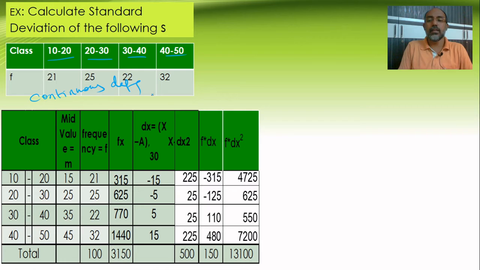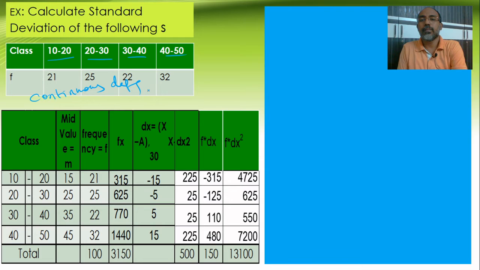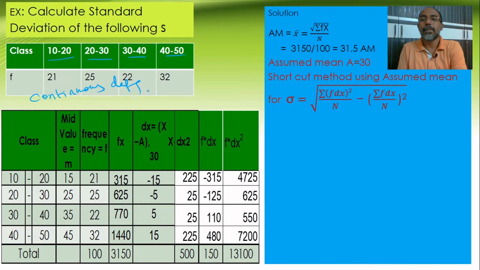So further, as for discrete data, we learned a formula. The same formula is applicable here also. This is the formula used for discrete data, and the same is applicable to continuous data.